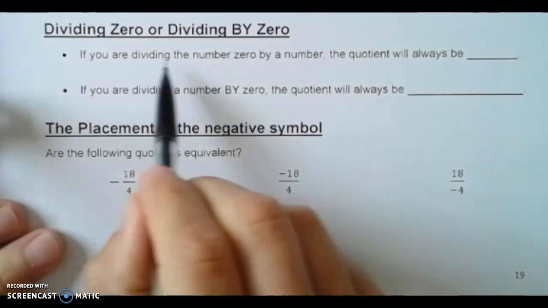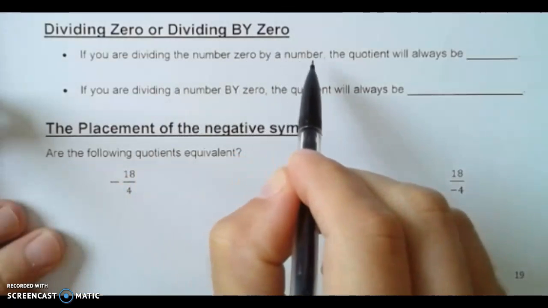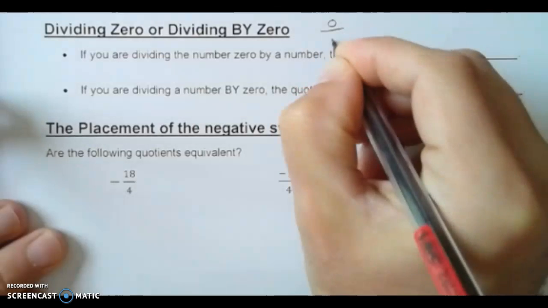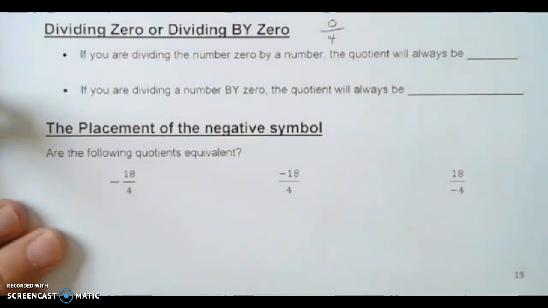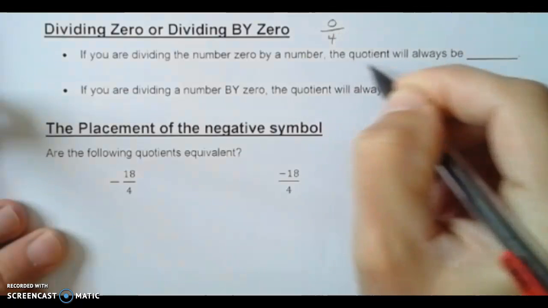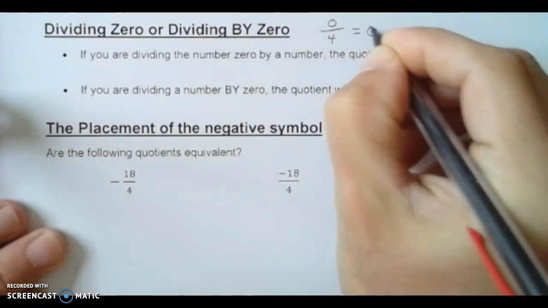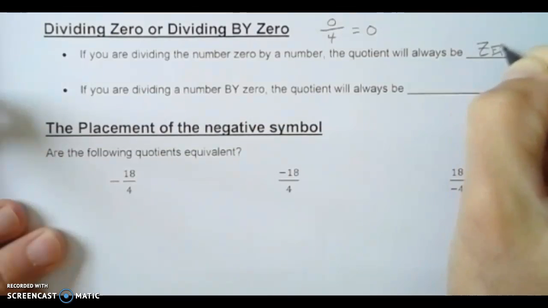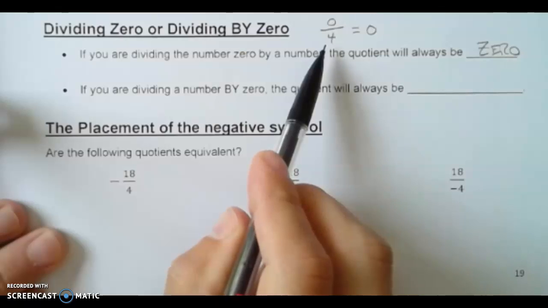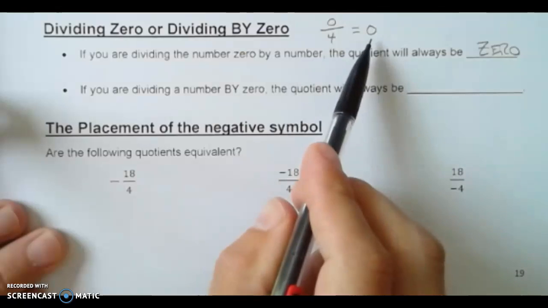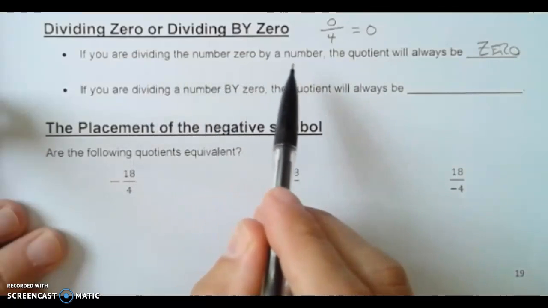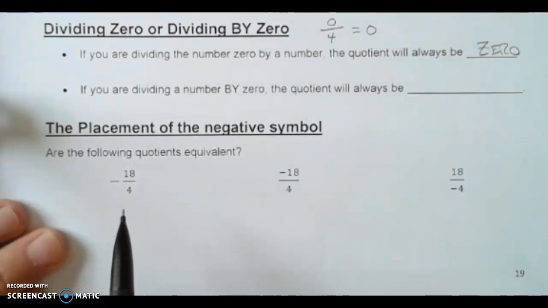If you were dividing the number 0 by a number, for example, like 0 divided by 4, I'm taking nothing and I'm dividing it into 4 groups, the quotient will always equal 0. If you take nothing and you divide it into equal groups, no matter how many equal groups there are, there's still going to be nothing in each of those groups. So if you're dividing the number 0 by a number, the quotient will always be 0.